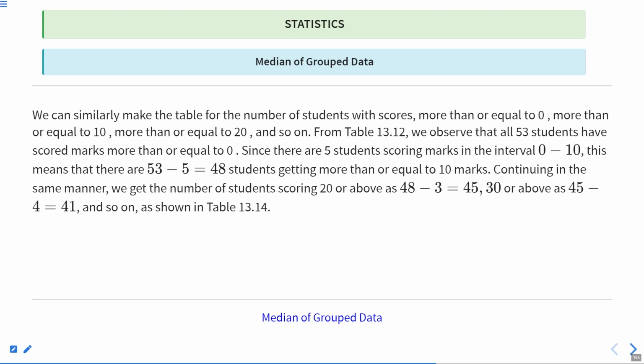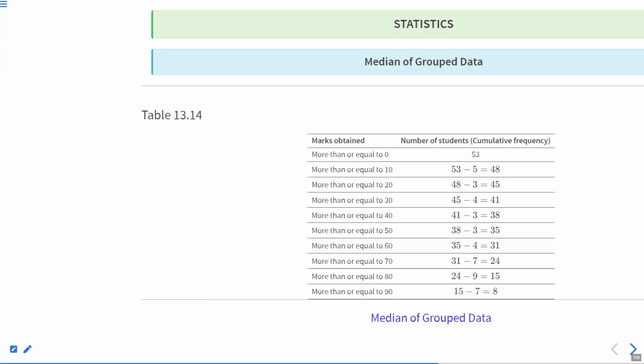Since there are 5 students scoring marks in the interval 0 to 10, this means there are 53 minus 5, that is 48 students getting more than or equal to 10 marks. Continuing in the same manner, we get the number of students scoring 20 or above as 48 minus 3, that is 45, and 30 or above as 45 minus 4, that is 41, and so on. That is shown in table number 13.14.